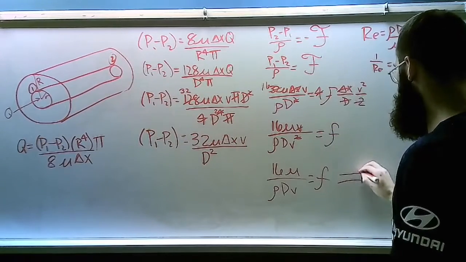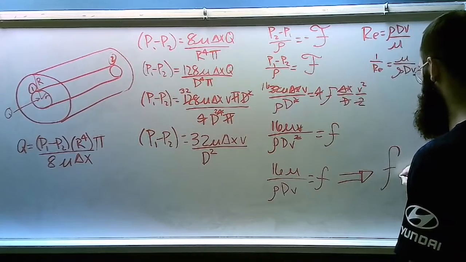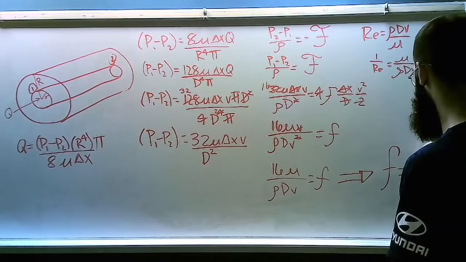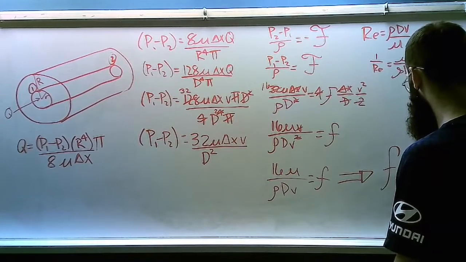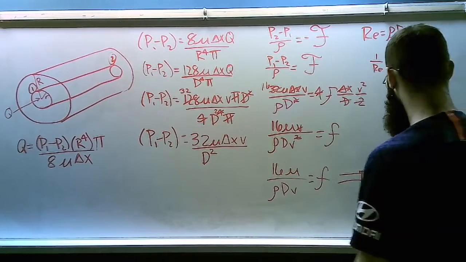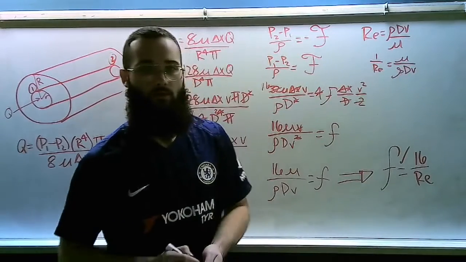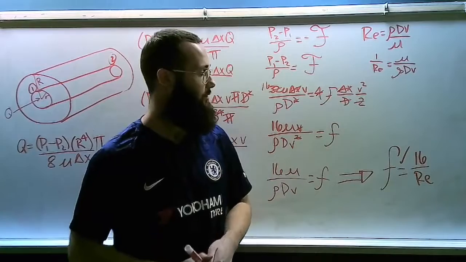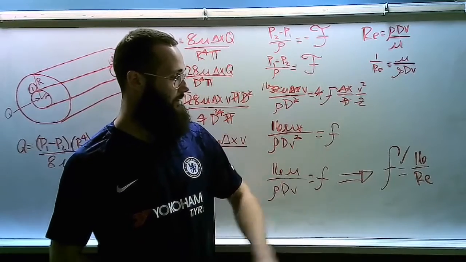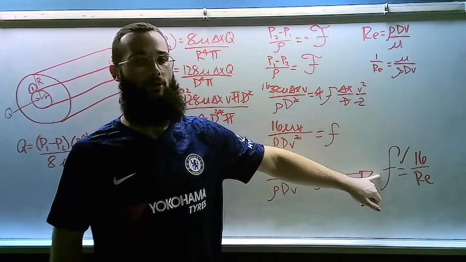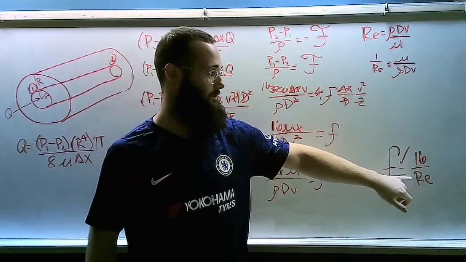So plugging that in gives us fanning friction factor is equal to 16 over Re. And there's the proof of it. So that's how we derive the equation to prove that the fanning friction factor for laminar flow is going to be equal to 16 over Re.